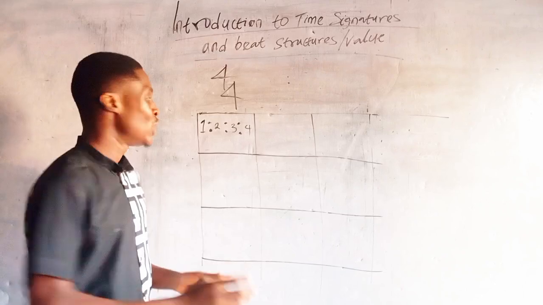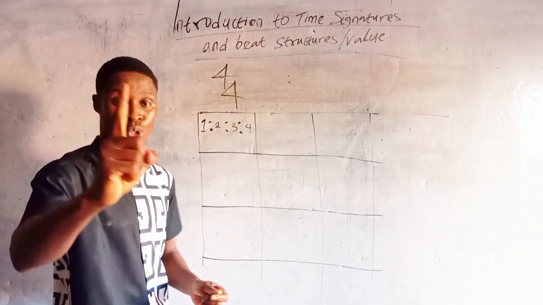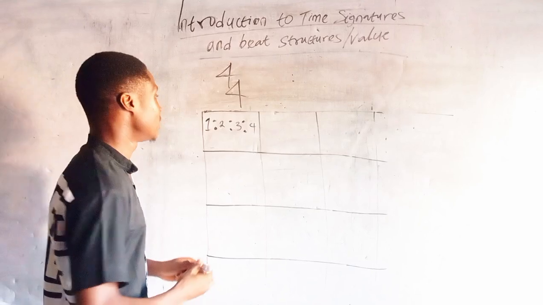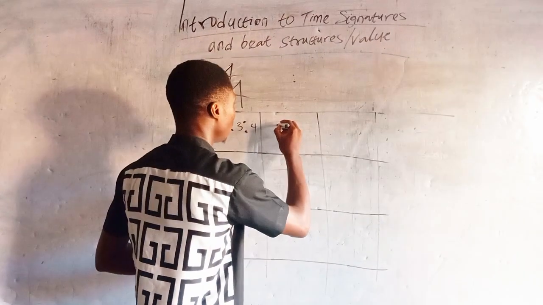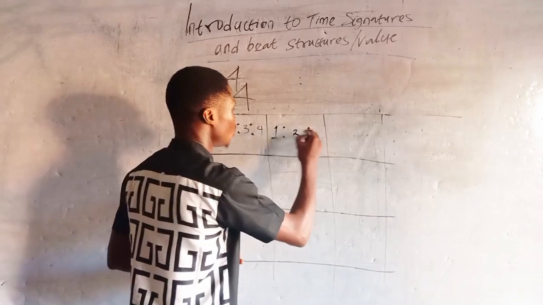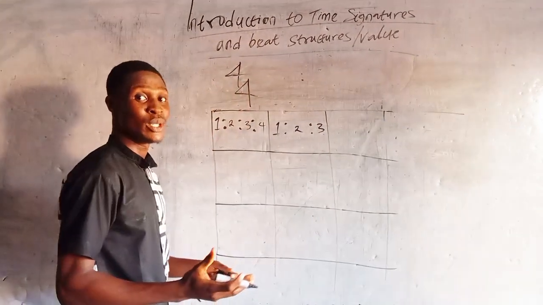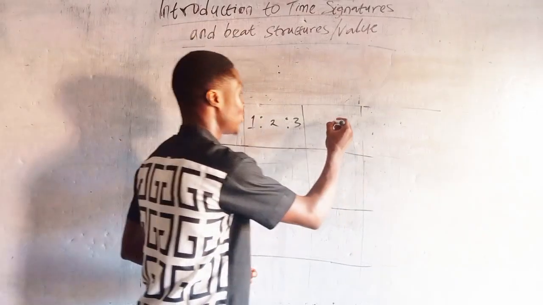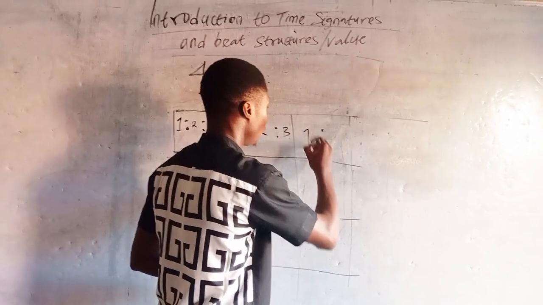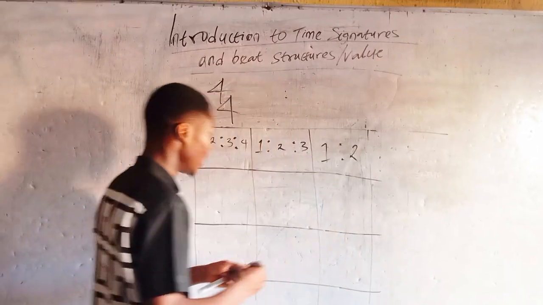If we have 2, we have 3 bits in that bar. If we have 1 full pulse mark, then there are 2 bits in that bar. Now, if we have just this and this, then we have 1, 2, and 3. Only 3 bits.